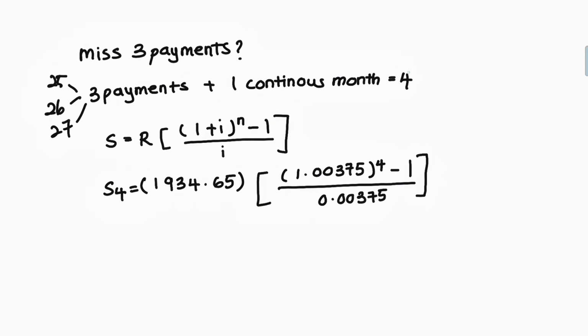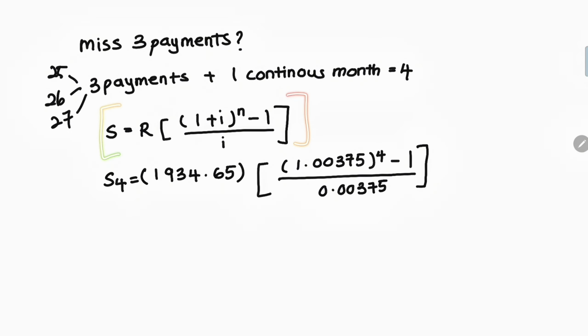Therefore, there are a total of 4 payments involved in the calculation. Using the future value equation, we can find the amount of those 4 accumulated periods. We insert all of the info in the equation and we will get 7,782 ringgit 24 cents.